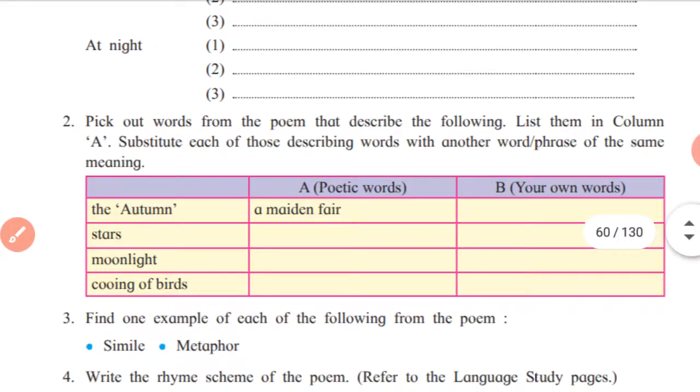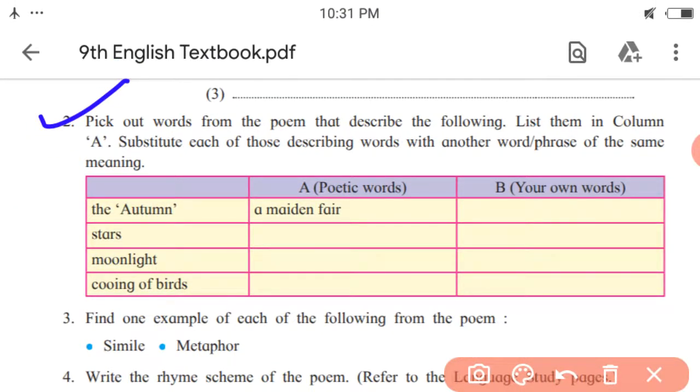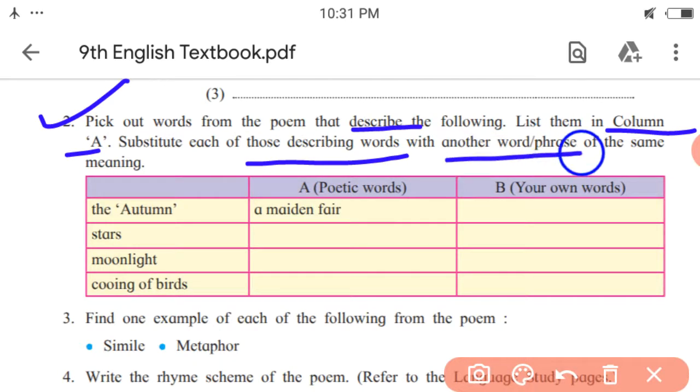Second activity, pick out words from the poem that describe the following. List them in column A. Substitute each of those describing words with other words or phrases of the same meaning.